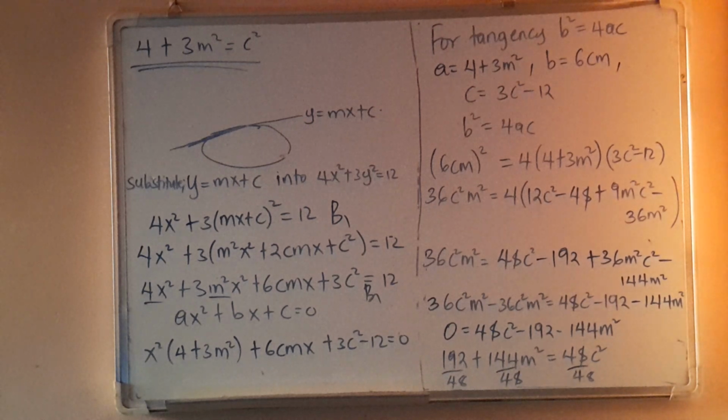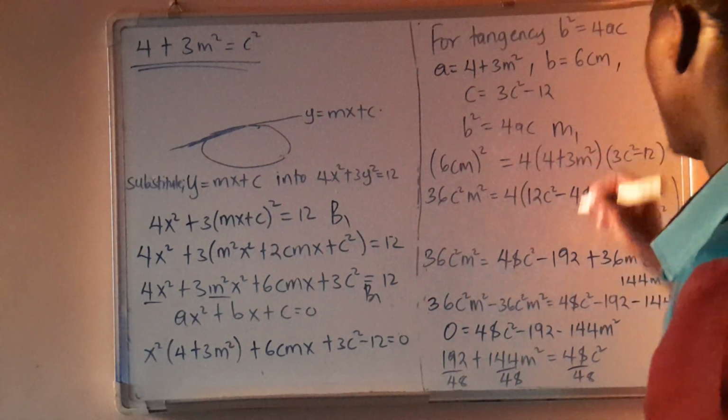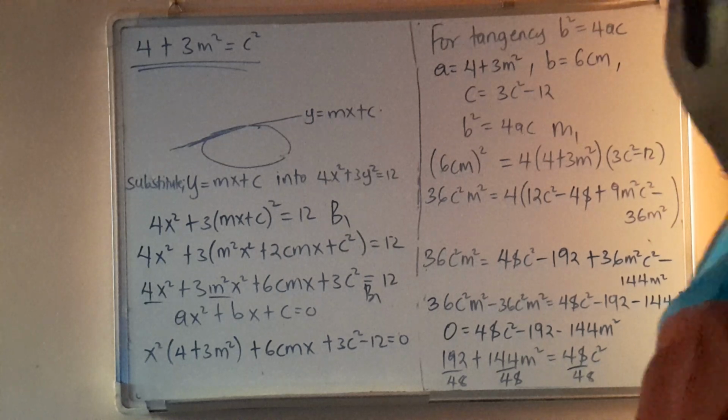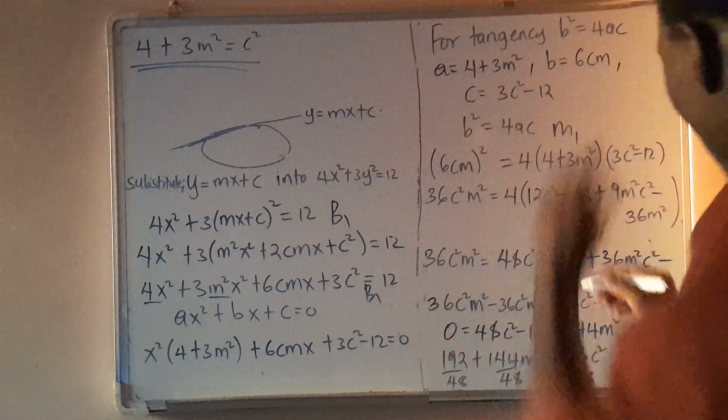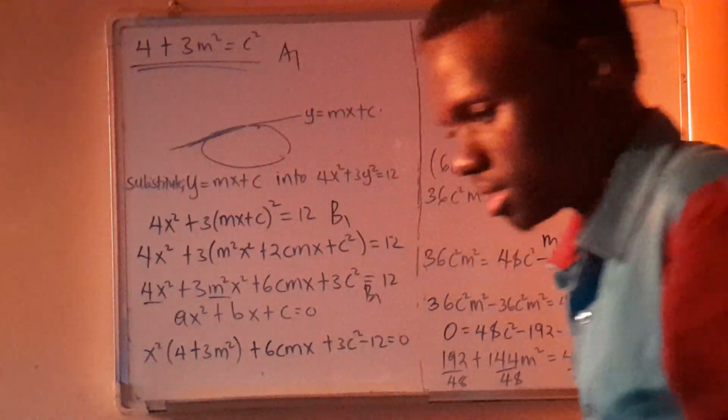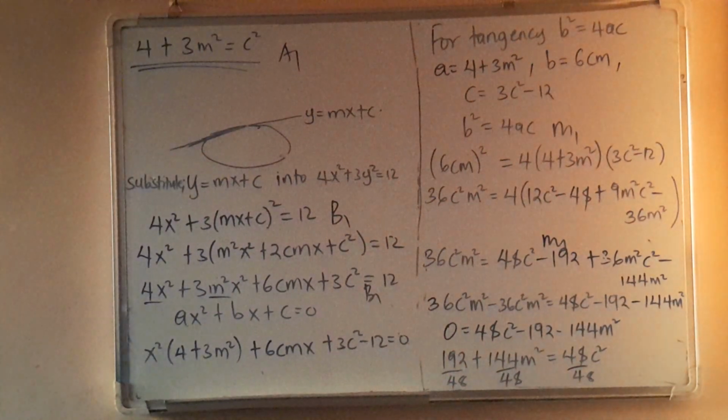Then you get 1 mark for correct method of substitution, another mark for correct simplification, then 1 mark for the answer. So that is it. Now we can proceed with question 3.